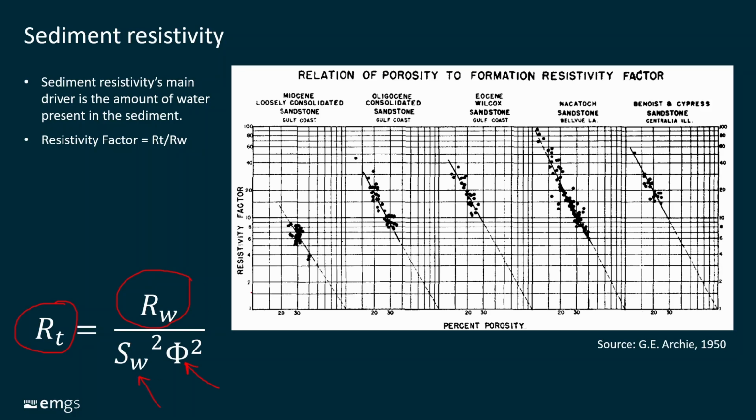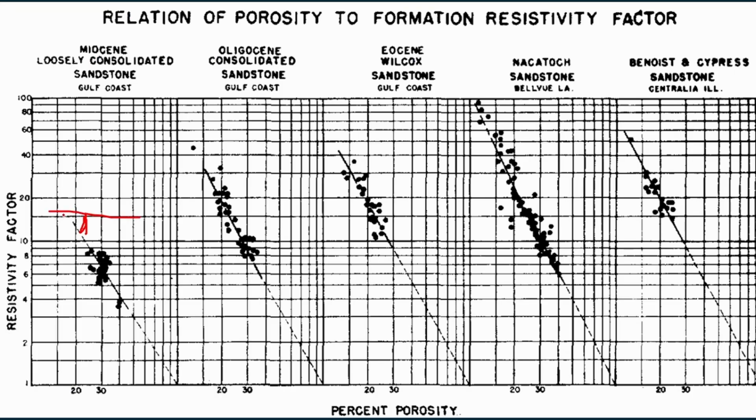Gustavus Archie, in the first half of the 20th century, created these plots. He had some measurements of porosity versus resistivity, and he plotted them in a log-log scale using what's called here the resistivity factor, which is the ratio between the rock resistivity and the brine resistivity. And he obtained these sort of clouds of points, and the slope of this linear relationship gives the exponents.